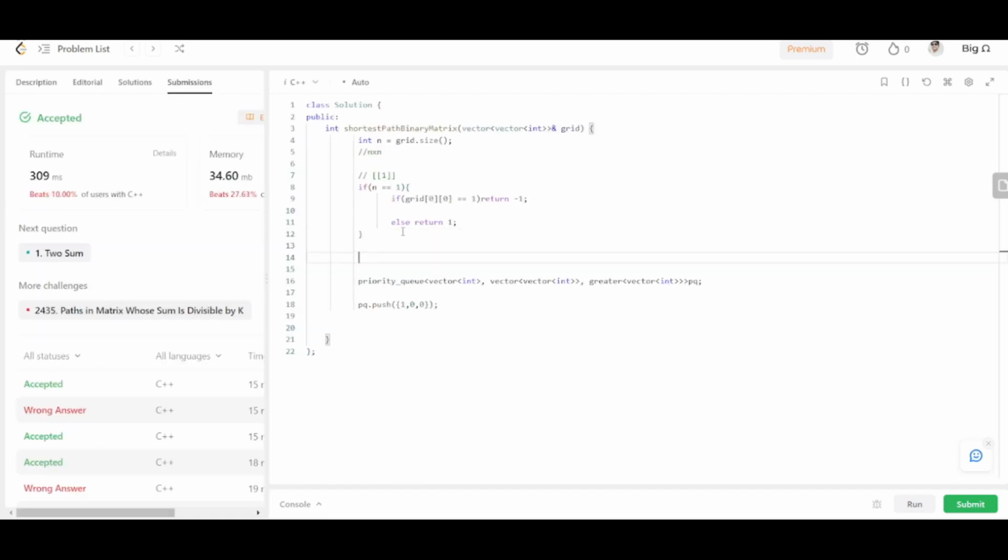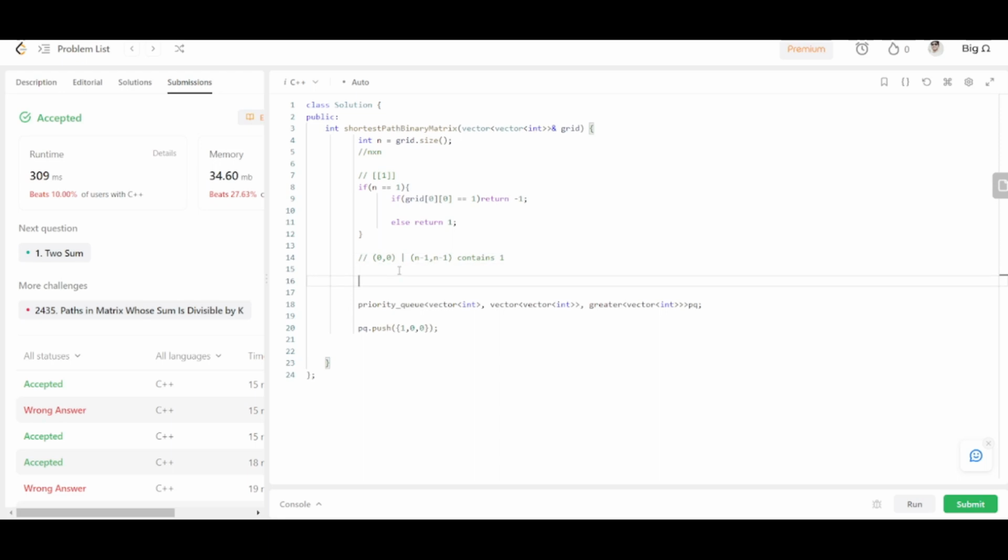So also think about another base case. Think about the case when the starting cell 0 0 or the ending cell n-1 n-1 contains 1. If either cell 0 0 or cell n-1 n-1 contains 1, then I will never be able to get a valid path.